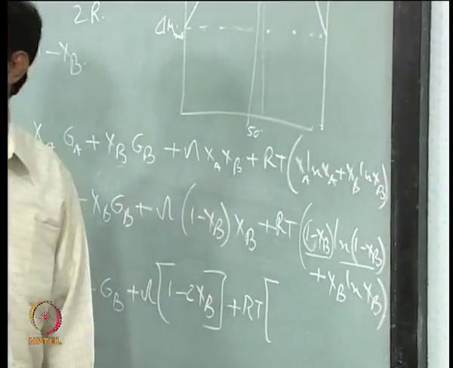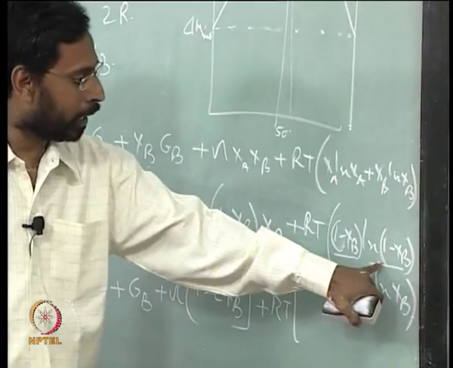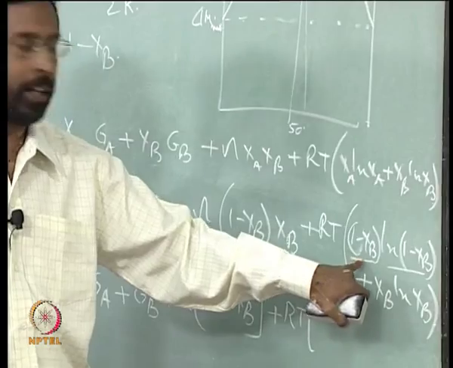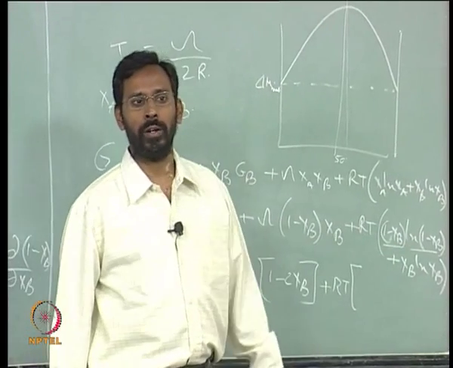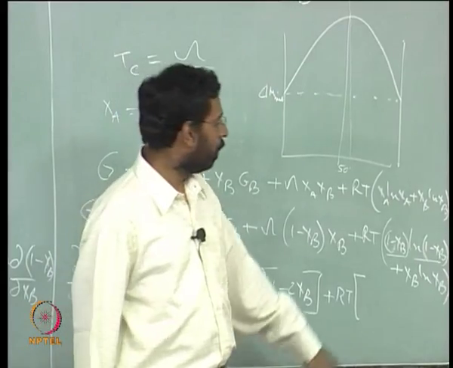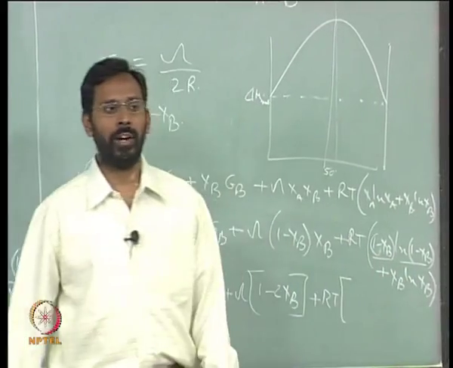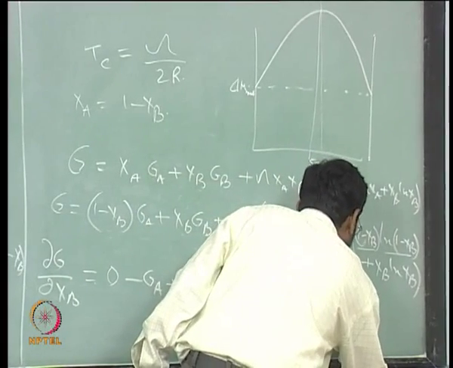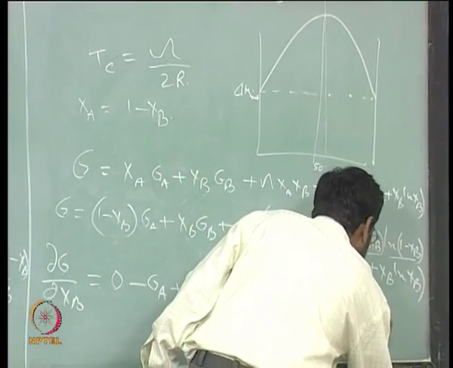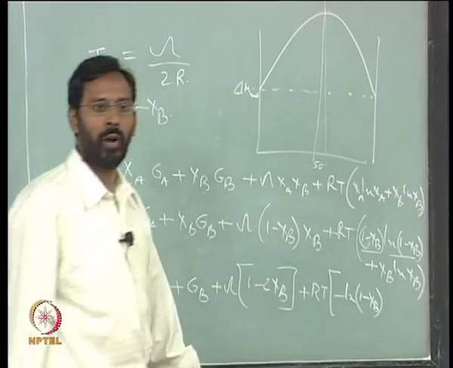Once I do that it becomes very easy. I will do it in two parts. First I can keep this, and then the derivative of this will be what, minus 1, am I right? The derivative of 1 minus xb is minus 1. So that means this is minus ln 1 minus xb, that is 1.